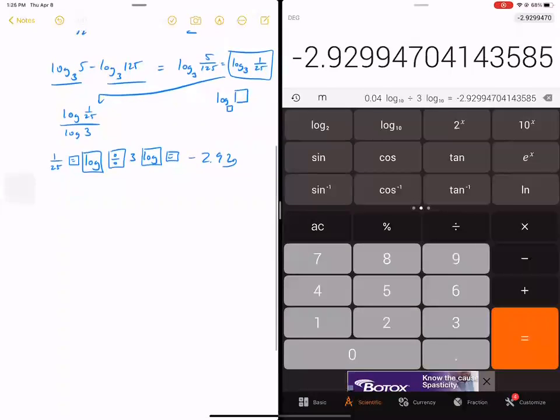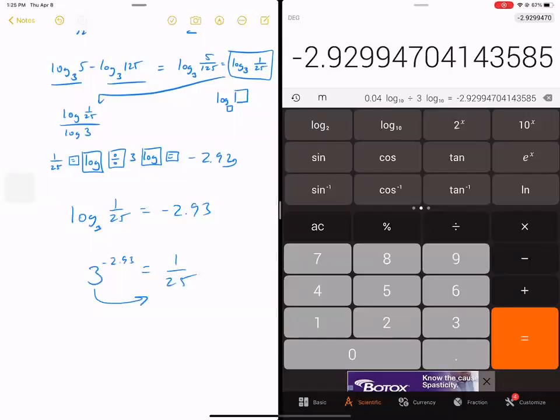Now, why is it negative? If you look at the answer, it is log base 3 of 1 over 25. This would be negative 2.93. Now, if we think about why it is negative, circle of logs, 3 to the negative 2.93 power would give us 1 over 25. And the negative exponent would make that into a fraction.